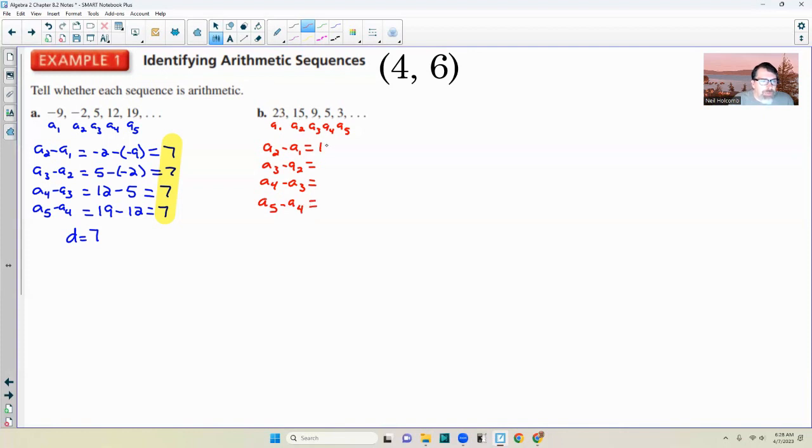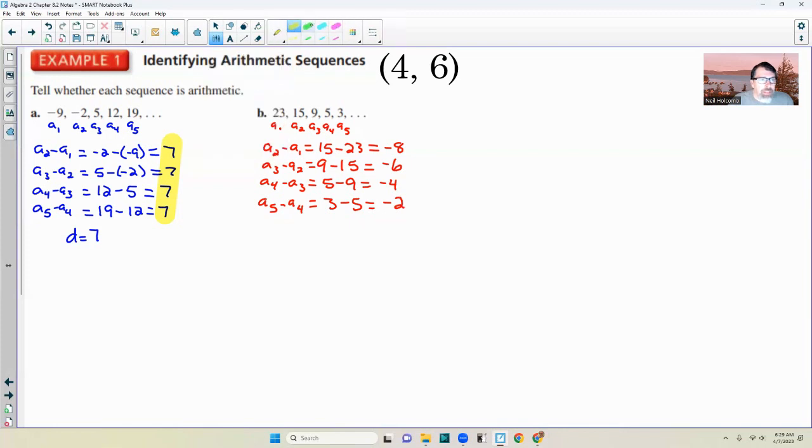A sub 2 is 15 minus 23, which equals negative 8. A sub 3 is 9 minus 15, which equals negative 6. A sub 4 is 5 minus 9, which equals negative 4. And a sub 5 is 3 minus a sub 4, 5. 3 minus 5 is negative 2.